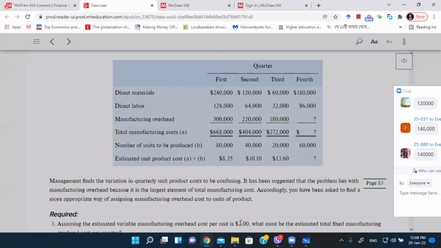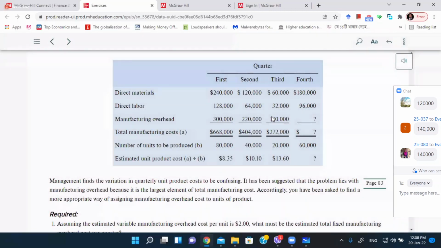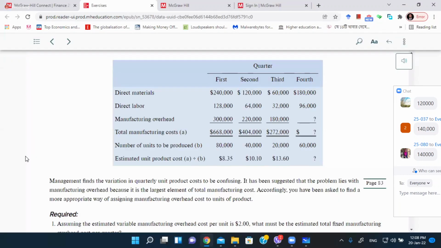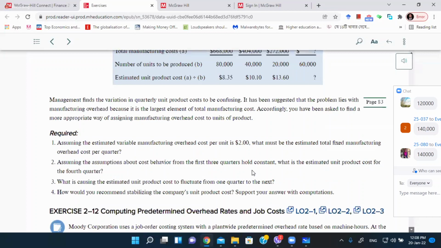So 20,000 multiplied by 2 is 40,000, and if we subtract this 40,000 from 180,000, we get 140,000. So for each quarter, you'll see that the fixed portion of the manufacturing overhead is 140,000. So we have been able to solve requirement 1. And now what is requirement 2?